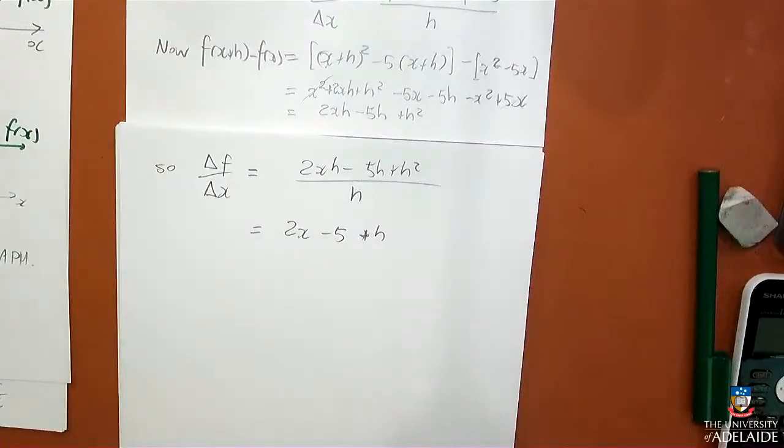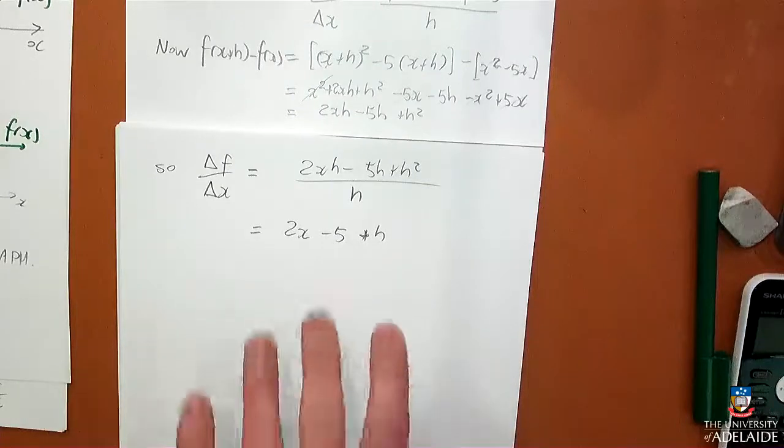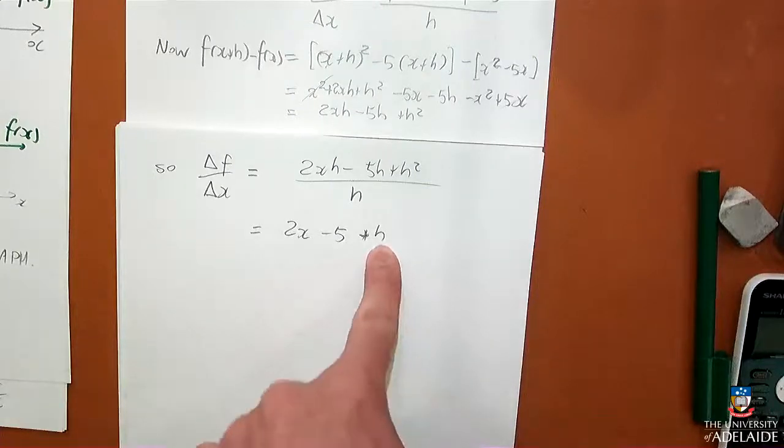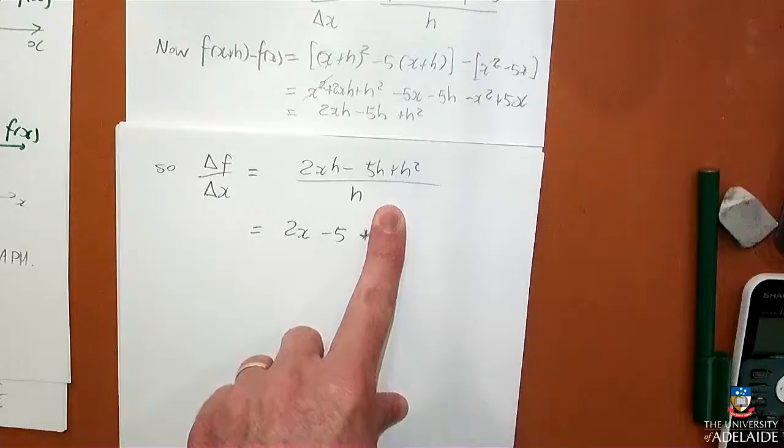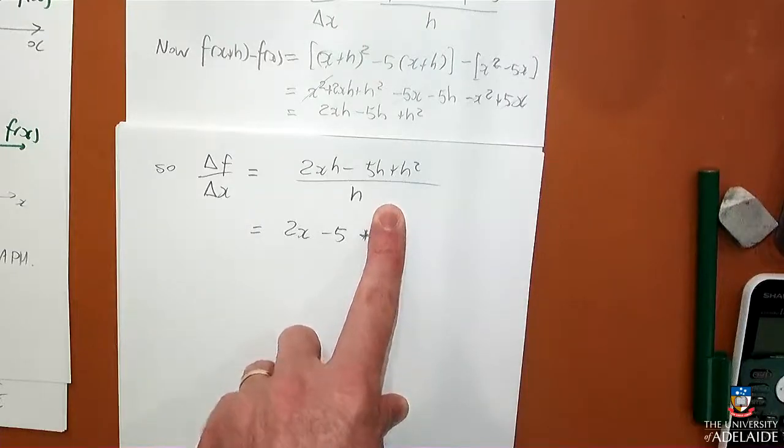looks like. And the whole idea of this process is that if I zoom in very far, it will be approximately the correct slope. And I'm looking for a formula in terms of x for what that slope is. And so, well, if h is very close to 0, this is going to be 2x minus 5, roughly. And so that's what I can do.